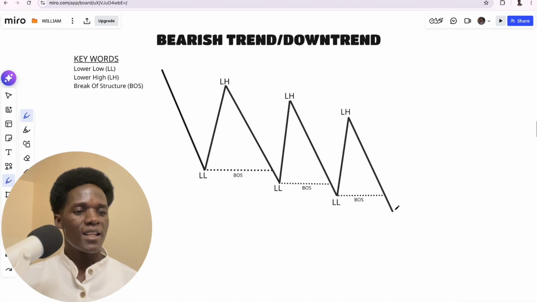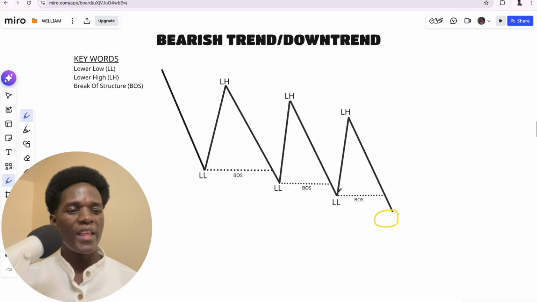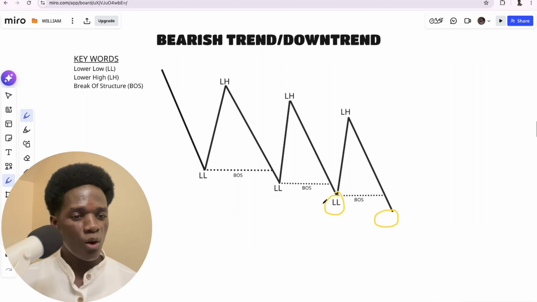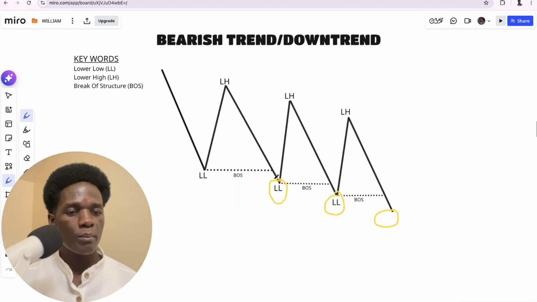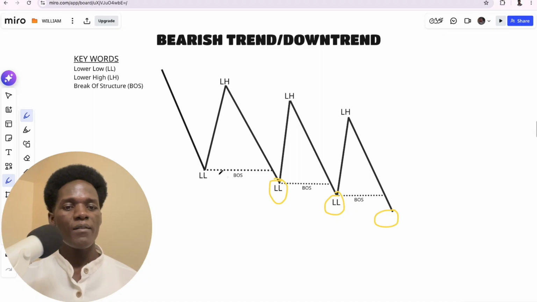They are called lower lows and lower highs because this low is lower than this previous low. And this low is again lower than this previous lower low. And again it is lower than this previous lower low.